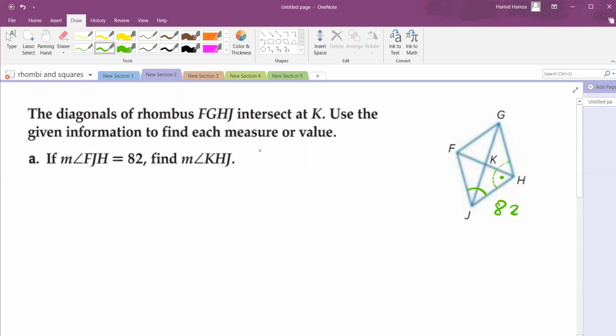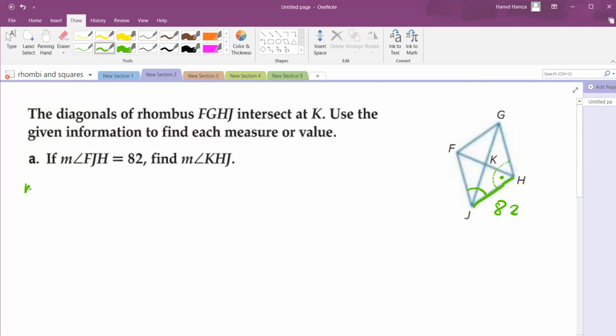I told you the rhombus takes the properties of a parallelogram. The opposite angles are congruent. The consecutive angles are supplementary. Angle J and angle H are not opposite, but they are consecutive, in the same line. That means the measure of angle H plus the measure of angle J is 180.